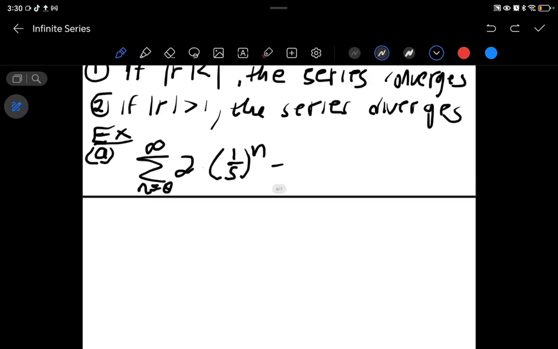So we know that if I expand this, if I plug 0 there, I'll get 2 plus, now let me show you something. This would be the summation with n starting at 1, 2 times 1 over 5 to the n.